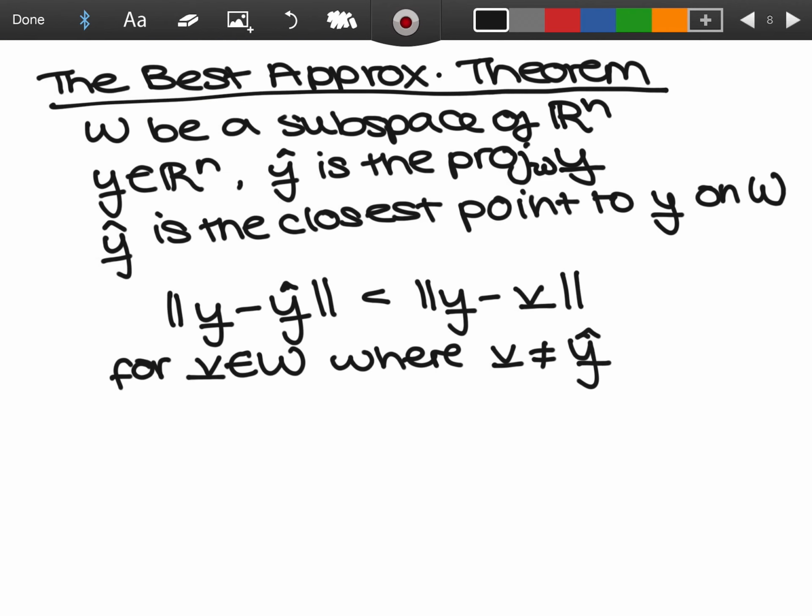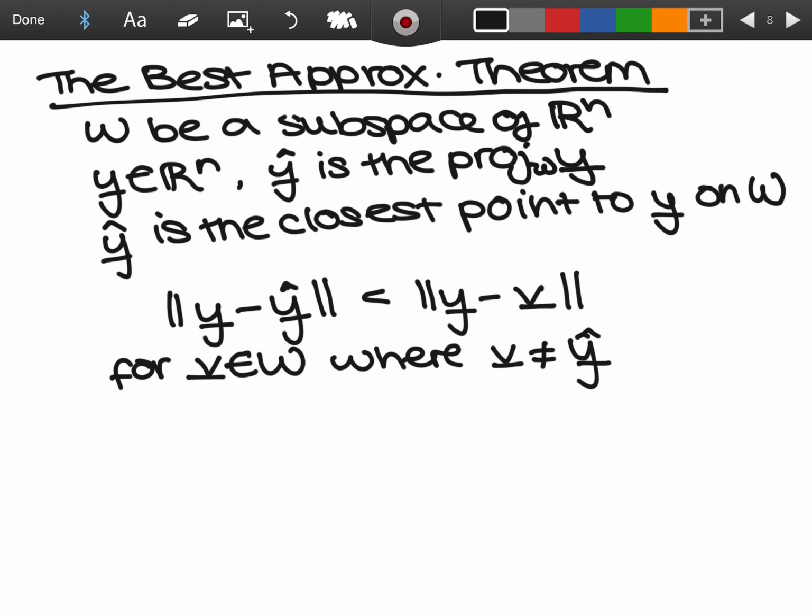This will actually be used later on when we look at some other theory. Sometimes what you want to do, and again this will come up later, is approximate y by using some vector that exists in a certain space. So sometimes you have this vector and you say, well, I actually wanted the vector to be in this certain space, but it's not.